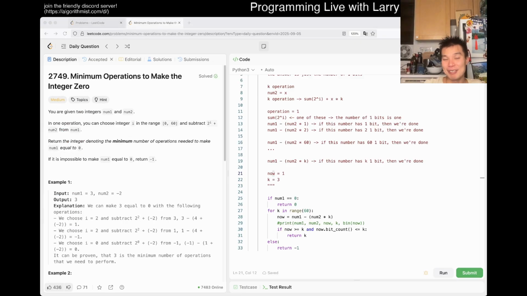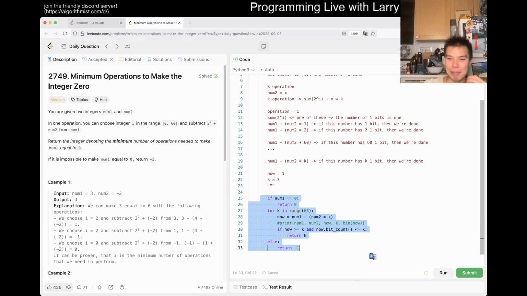But yeah, we don't have to do complexity, right? This is complexity over B, where B is the number of bits. I guess you could also say this is bits squared, because maybe bit count is over B. I actually don't know how it's implemented, but bit count can also be an opcode, right? And in an opcode, I guess it's O(1), but that is only because you have a constant integer size.